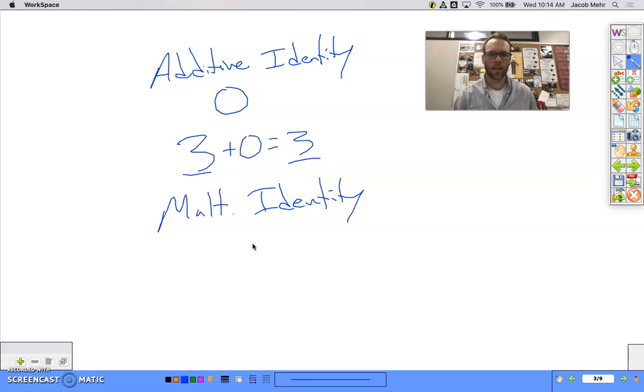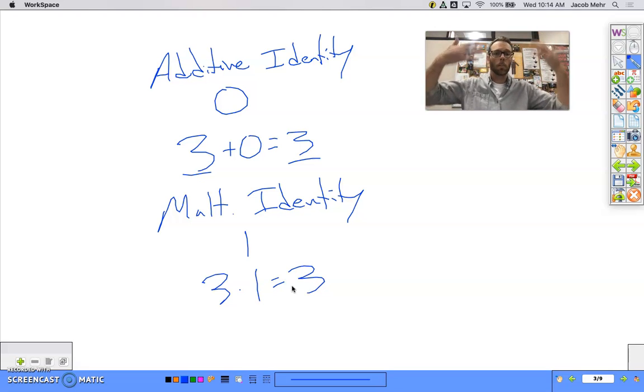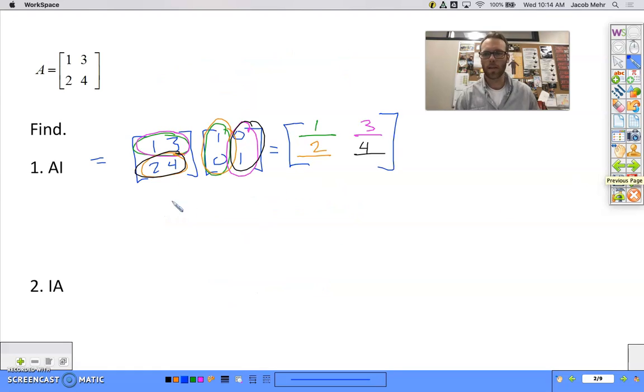The multiplicative identity is 1 because if I take any number times 1, I get that same number. Identity, you get what you started with. What's my identity? My identity is me. It's nothing different than me. Okay. So when we take our matrix A times the identity, we get matrix A.